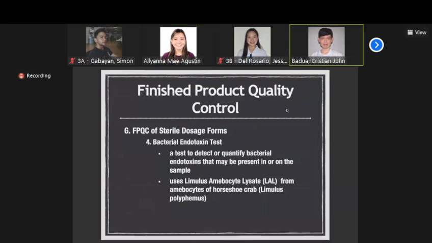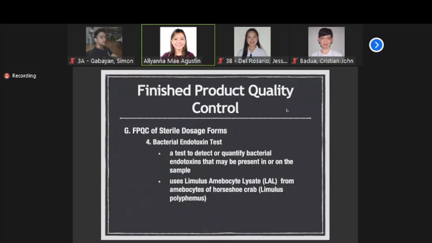Gram negative, very good. Endotoxin, letter N, gram negative. In gram positive, mostly exotoxin.